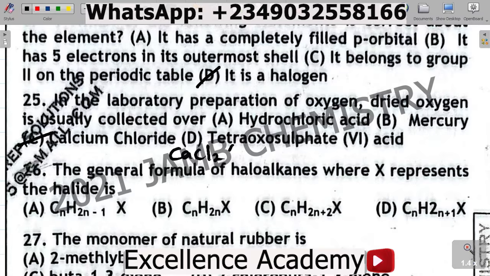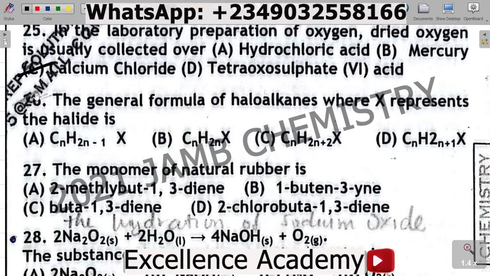In some cases we could use concentrated tetraoxosulfate(VI) acid, or phosphorus pentoxide, so any of these can be used. Given the options, the correct answer is calcium chloride, option C. One extra thing is that fused calcium chloride does not react with oxygen under normal conditions. Since it will not react with the oxygen, it is a perfect fit to dry oxygen.